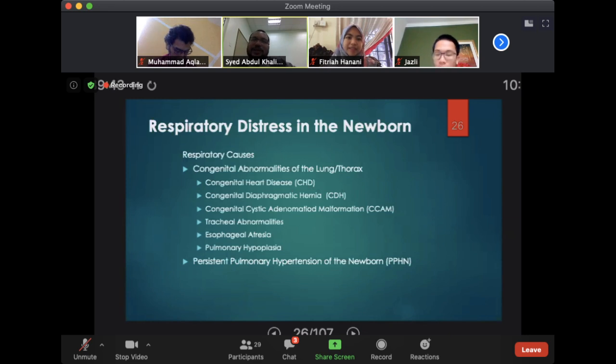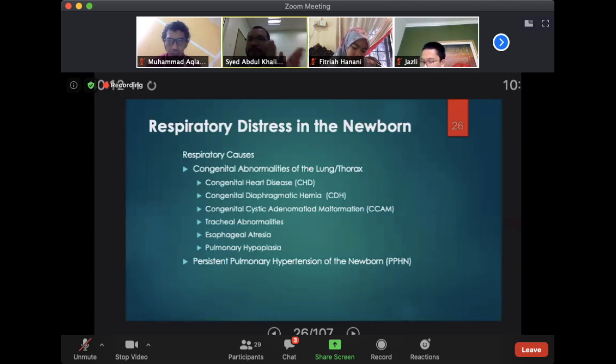So why is the duct important? Because the increase in pressure is in the pulmonary circulation. With increased pulmonary blood pressure, systemic blood pressure also rises, but the pulmonary blood pressure rises and is persistently high. So what happens is right to left shunt. In newborn babies, as I told you before, the ductus arteriosus takes a minimum of 5 to 7 days to close.